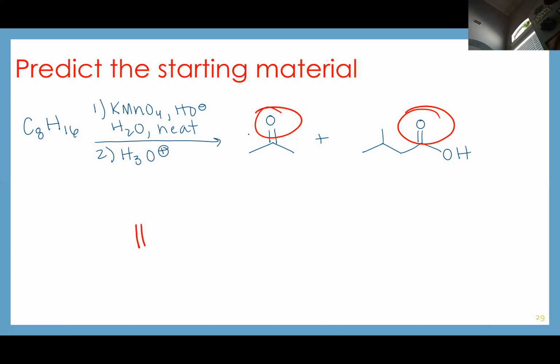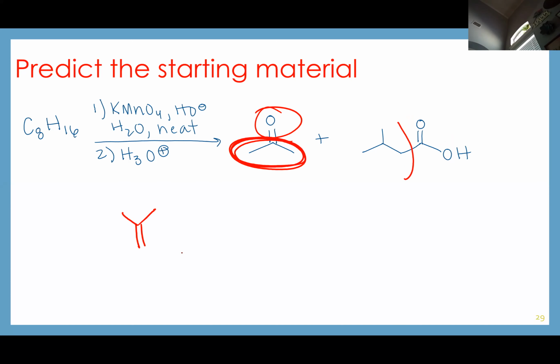This one must have come from a disubstituted carbon. So I'm going to draw those two R groups as part of this alkene. This one, since it's a carboxylic acid, must have come from a mono-substituted alkene. So this R group can be repeated. This hydroxyl group would have been a hydrogen. And that's it.